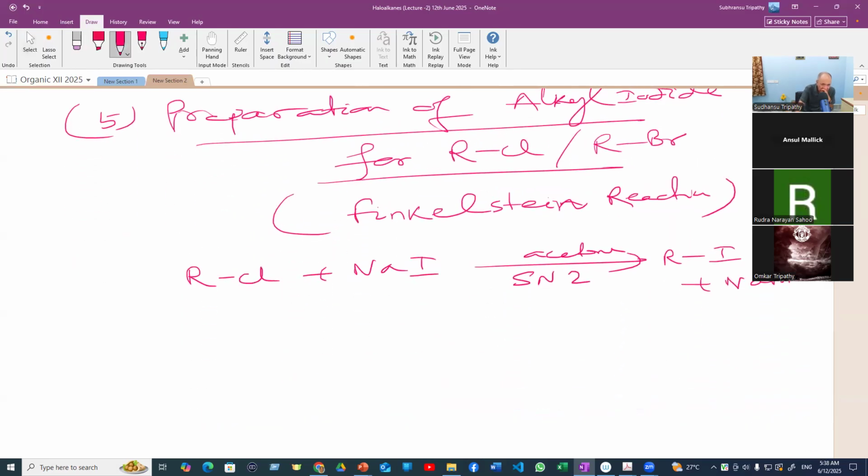Here 1 degree is greater than 2 degree, and 3 degree does not give this. 3 degree halide will undergo elimination easily. So 1 degree is the best choice, followed by 2 degree. For 2 degree also, some bias for elimination is there, but 1 degree is the best choice. 2 degree can happen.